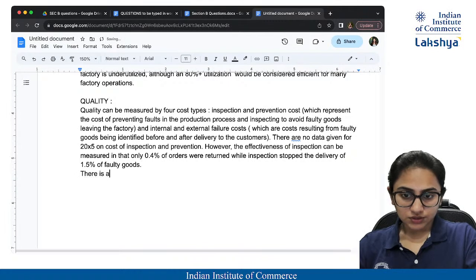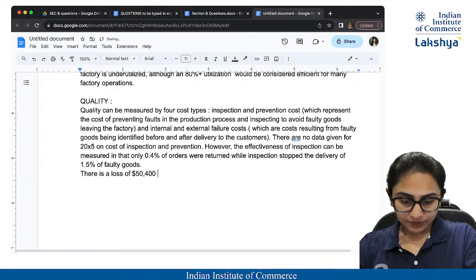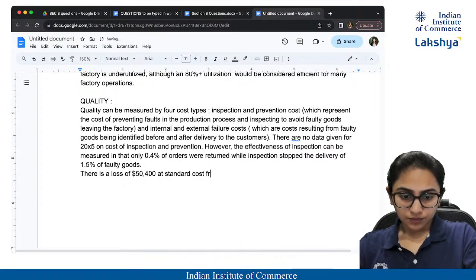There is a loss of $50,400 at standard cost from the scrapping of faulty keyboards.